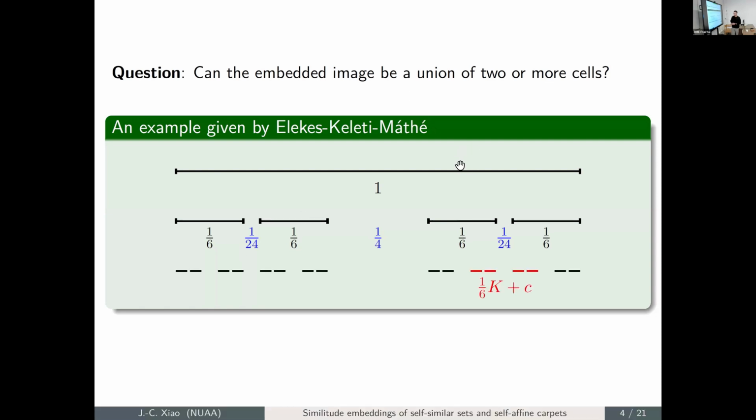In particular, after one iteration, we get a 1/6 contracted copy of the self-similar set here, and it maps the largest gap onto the smallest gap. So here, this is a scaled copy of the whole self-similar set, but it is definitely not a particular cell of the self-similar set, but a union of 4 small cells.